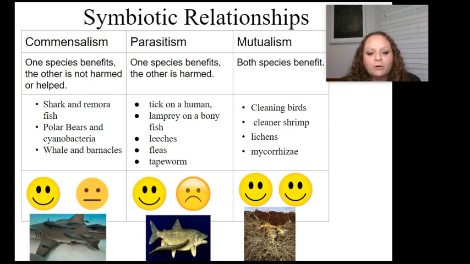The remora are the little fish that sort of hang out with the sharks, and they sometimes sort of suction themselves to the sharks. And really, the whole idea is that the shark really doesn't care that the remoras are there, but the remoras get to eat the leftovers because sharks are notoriously messy eaters. The shark's not harmed by the remora being there, but the remora gets a benefit from hanging out with the shark.